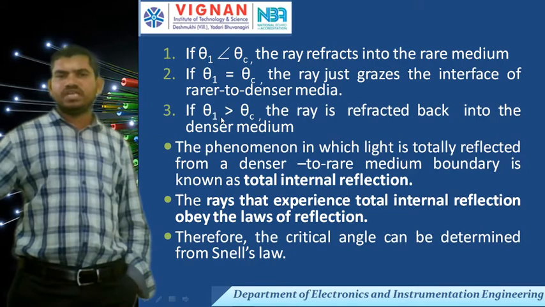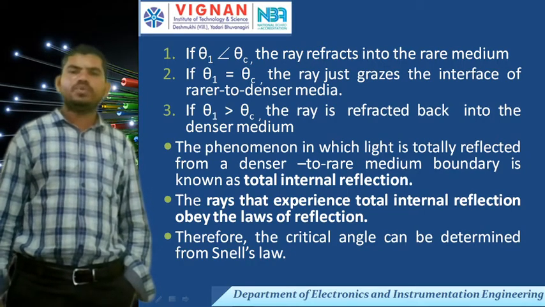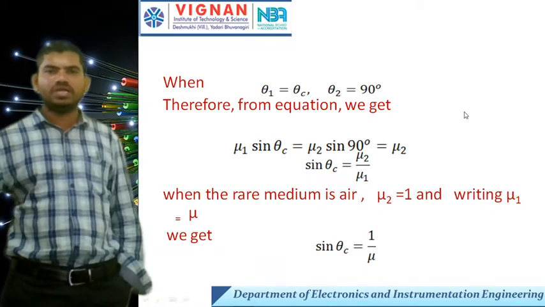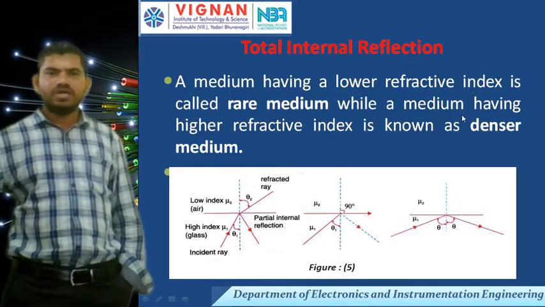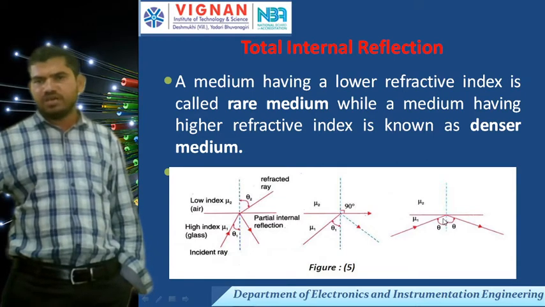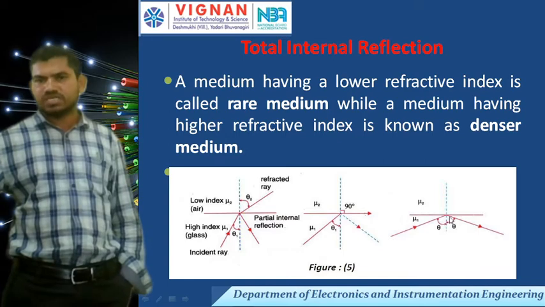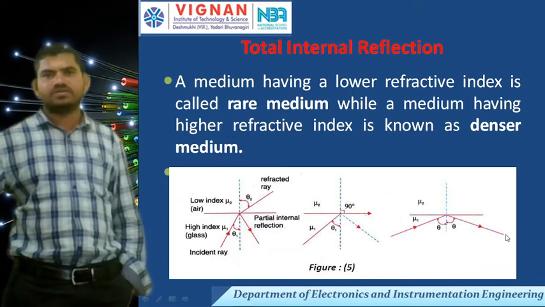If theta 1 is greater than theta c, the ray is reflected back into the denser medium. That means my ray is in the same medium, the denser medium only. Whatever incident ray we are giving here, the same ray is reflected back into the same medium. Okay? This is nothing but the total internal reflection.